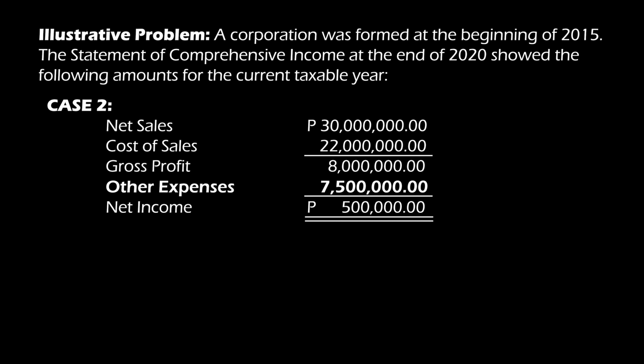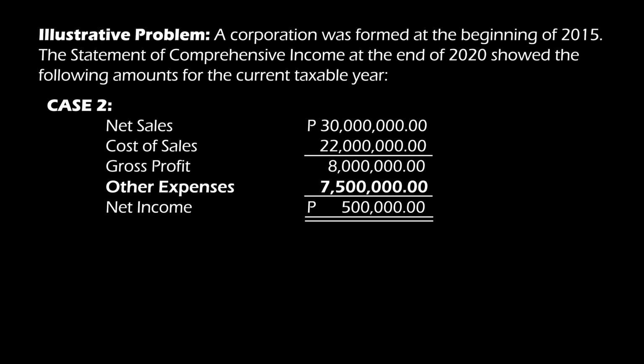Now, using the same problem, but this time I'll demonstrate using the minimum corporate income tax or MCIT. So let's say that the other expenses is 7,500,000. Thus, our net income is now 500,000. MCIT is applicable starting on the fourth taxable year following the commencement of operations.